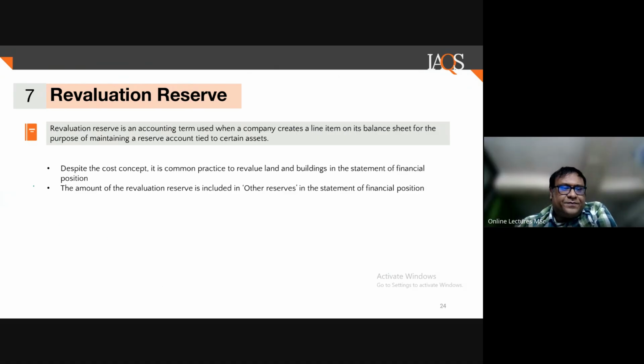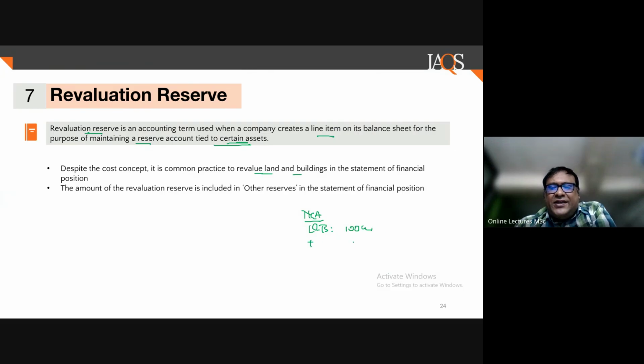Revaluation reserve, Tom, it's a separate line item, for the purpose of maintaining reserves tied to certain non-current assets. We revalue land and buildings, and if we revalue them, a revaluation reserve arises. For example, there's a non-current asset, land and building, in our books at 100 crore. We want to revalue it to 170 crore.